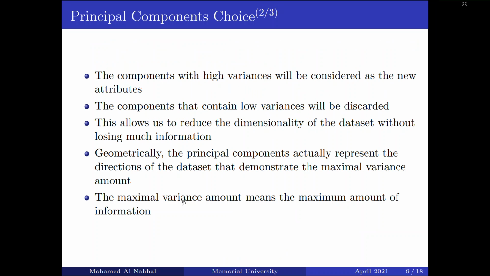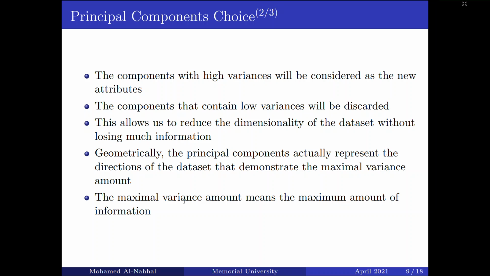The components with high variances will be considered as the new attributes, and the components with low variances will be discarded. This allows us to reduce the dimensionality of the dataset without losing much information, because the components that will be discarded contain little information.